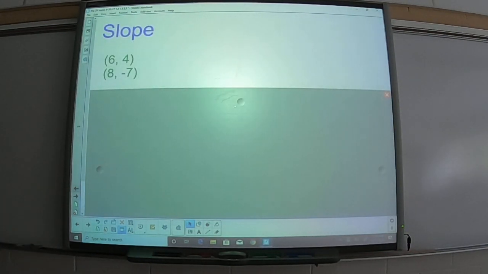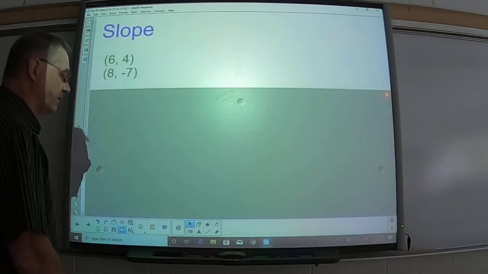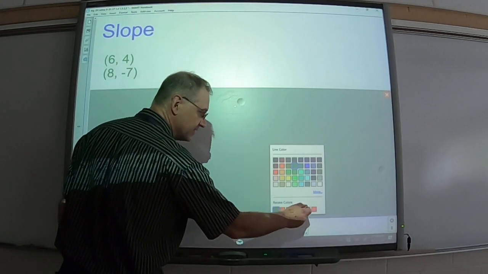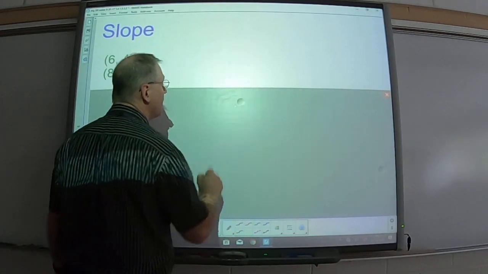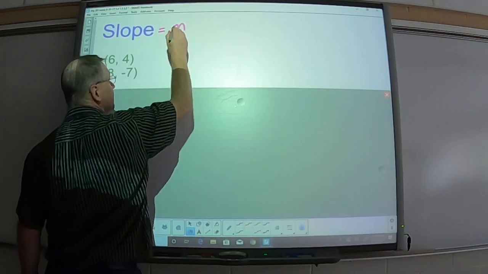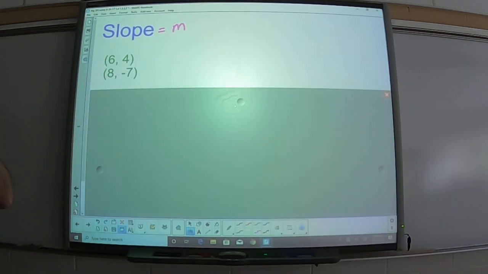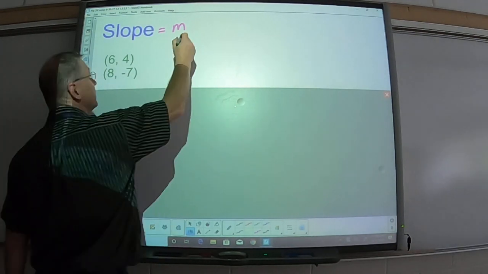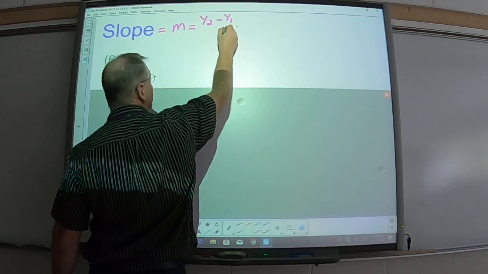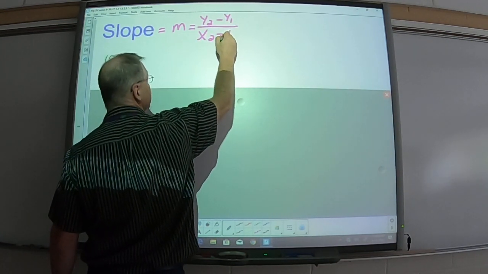Next topic is slope. And this is what we're going to focus most of our energies on for homework tonight, is slope. Now, if you didn't recall, slope happens to be represented by the letter M. And some of you may have heard slope described as y2 minus y1 over x2 minus x1.